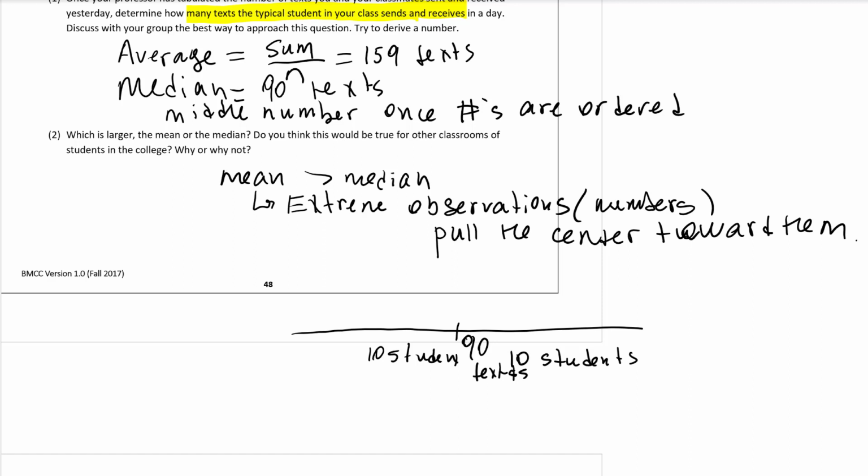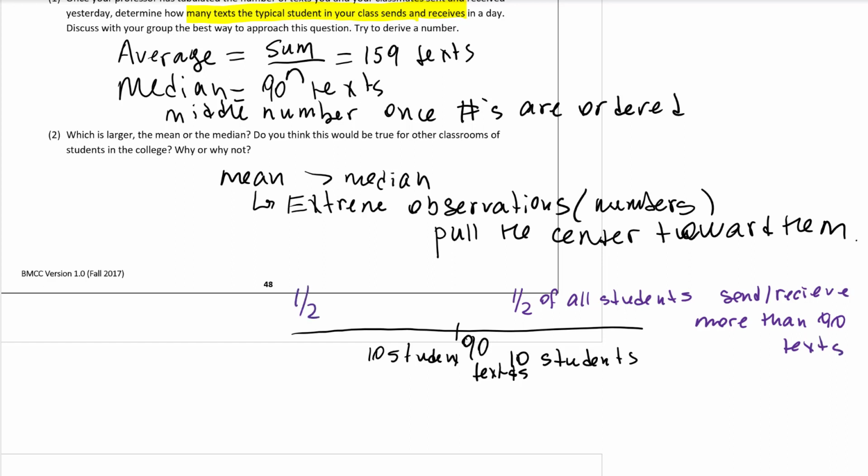What 90 means is that half of all students in that course where I got the data from send and receive more than 90 text messages, while the other half less than 90.